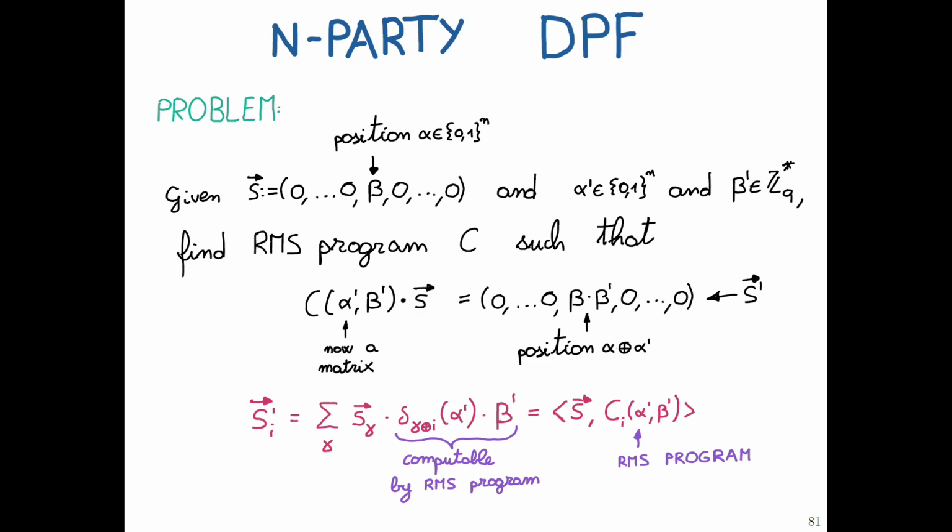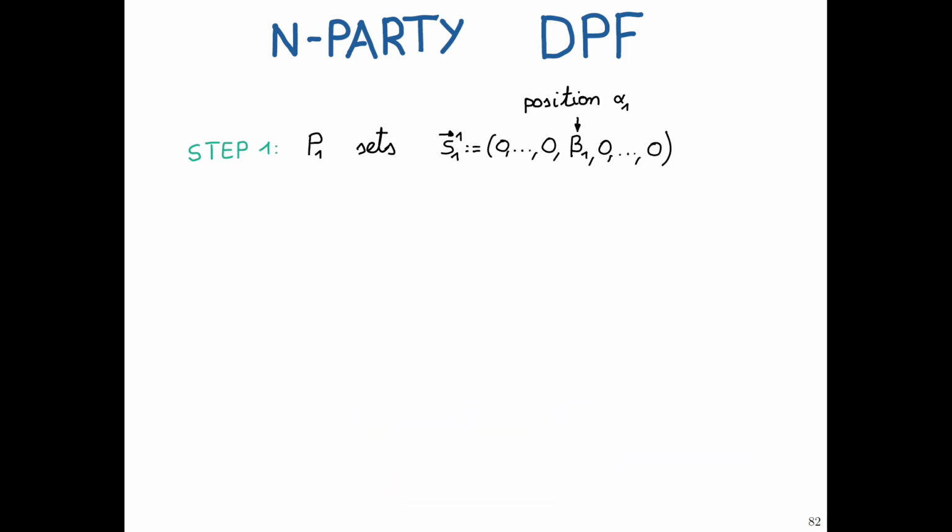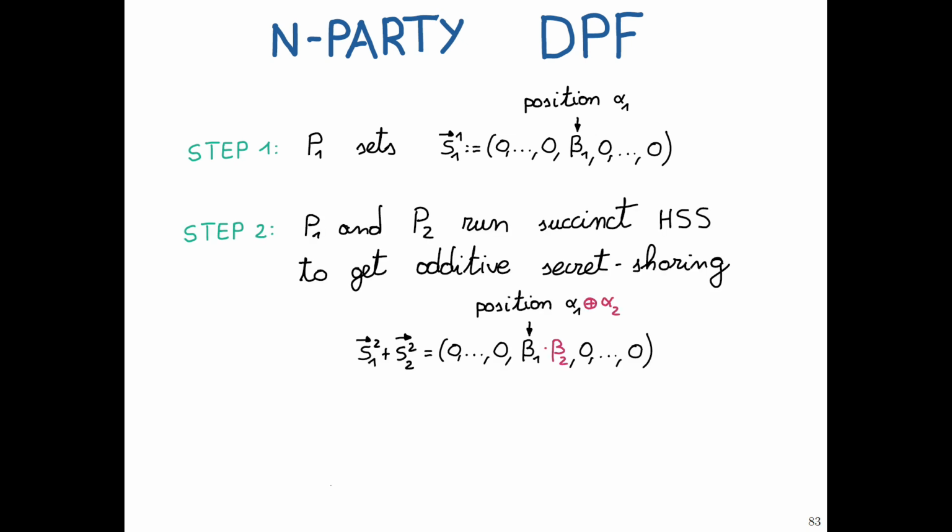Our DPF protocol then works as follows. Party 1 starts by just generating local shares of a truth table based on its own inputs. Then in the next step, parties 1 and 2 run succinct HSS to permute party 1's truth table according to party 2's input.